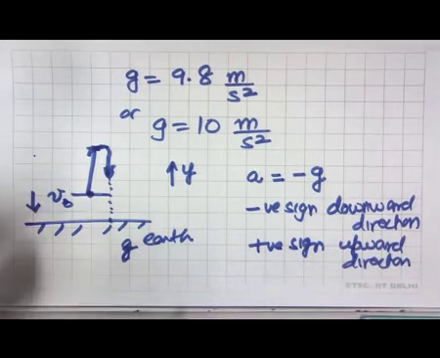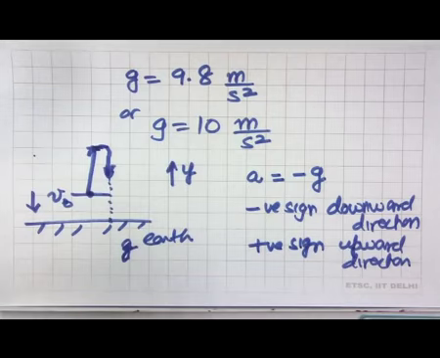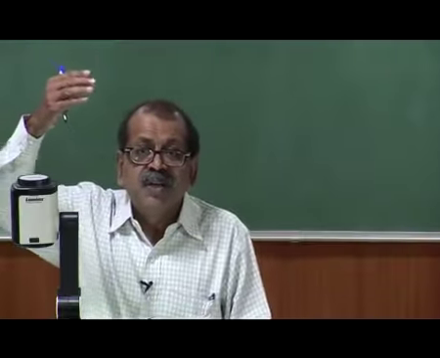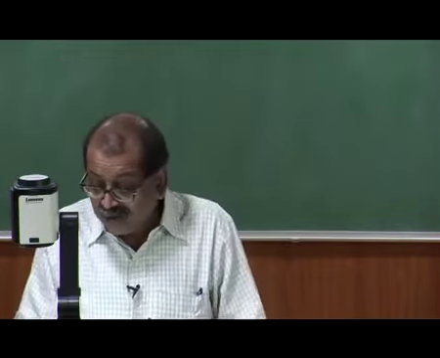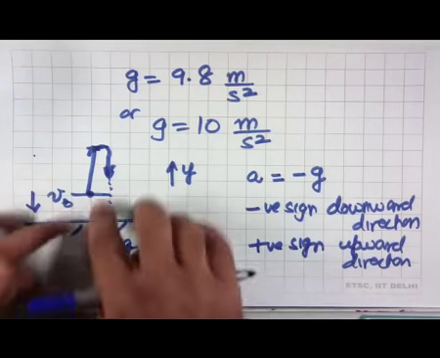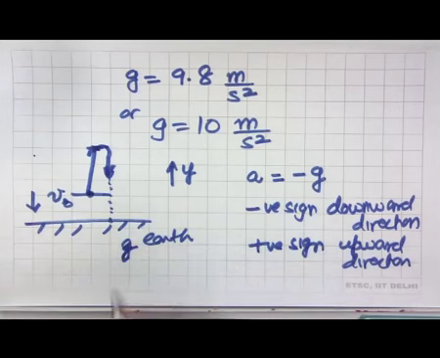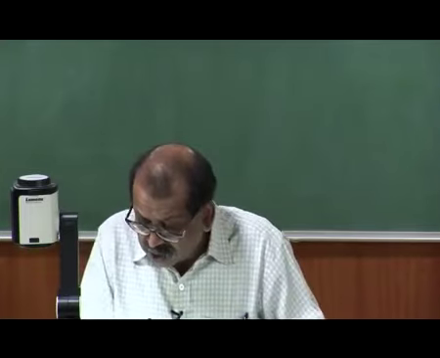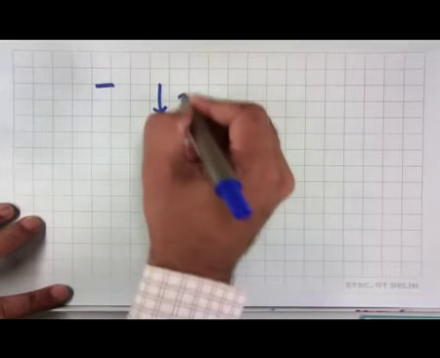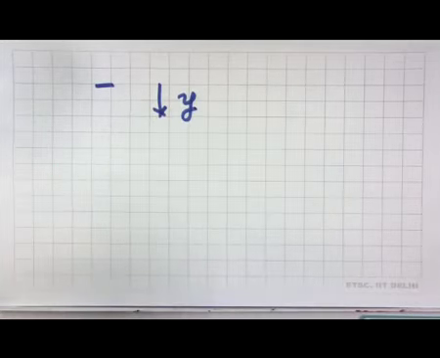So if you solve a problem and you get the value of y, or the displacement, as positive, that means the body is at a higher location than from where it started. Whereas if y is negative in an answer, that means the location is lower than from where it started. Now for the same problem, another student can take y downwards.